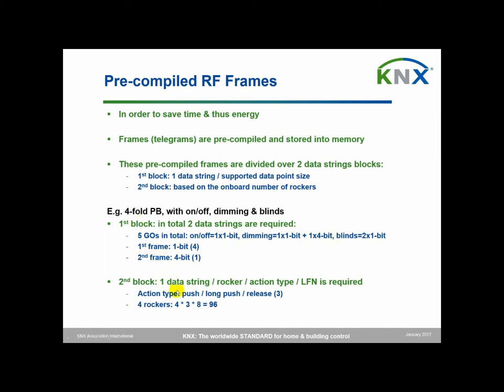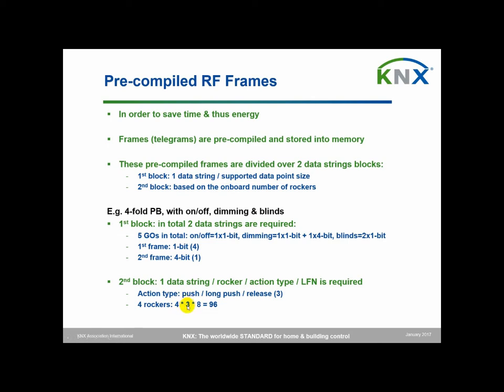The second block then? Because we have 4 push buttons, and because we need to remember the action type, this number needs to be multiplied by 3. So 4 because of the 4 rockers, 3 because of the action type, so push, long push, or release.